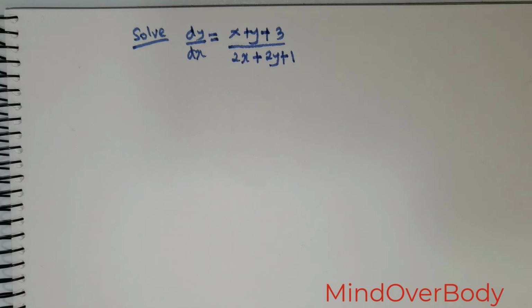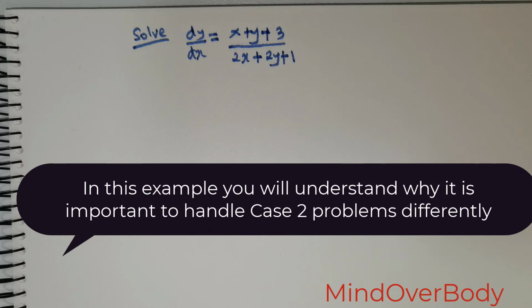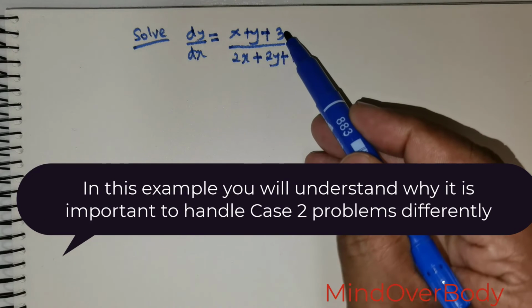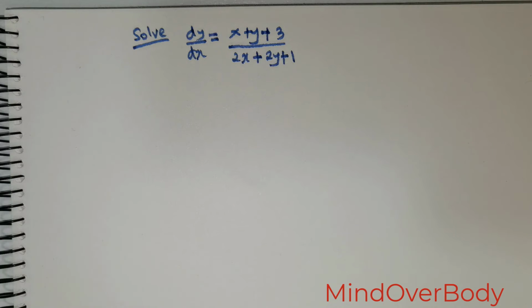Students, we're given the question, solve dy over dx is equal to (x + y + 3) divided by (2x + 2y + 1). This is a linear form in the numerator and a linear form in the denominator, and hence I would be attempting to reduce this into a homogeneous equation.